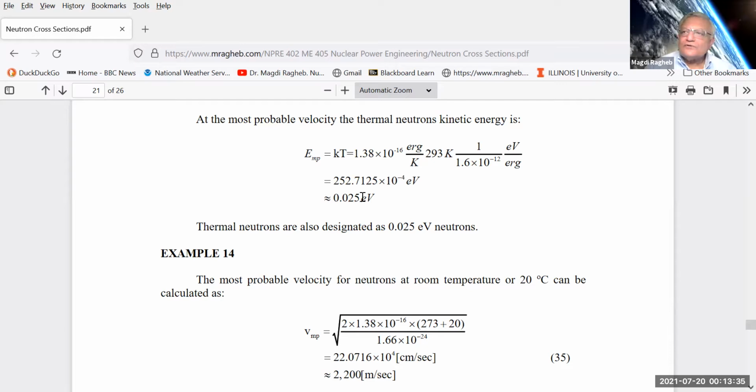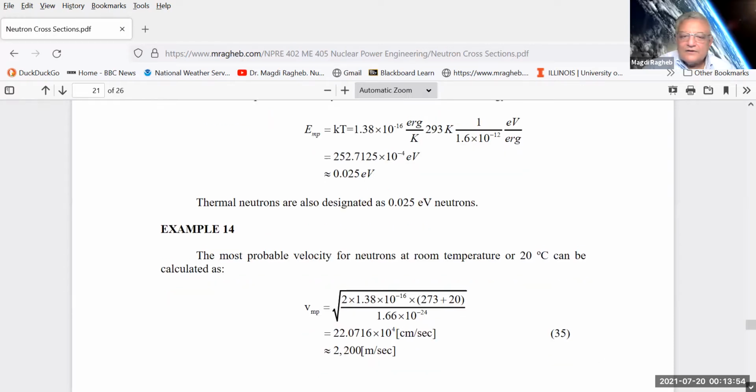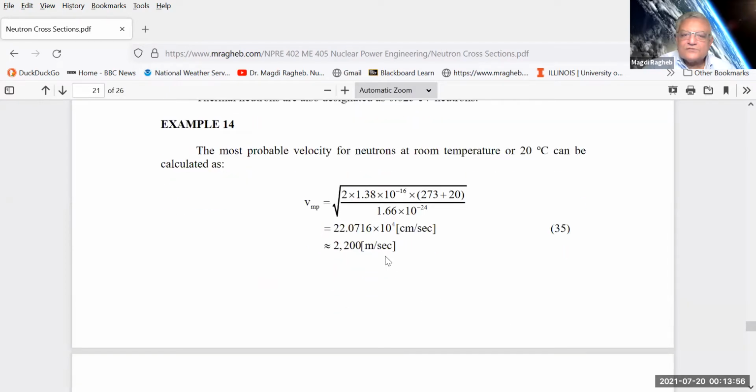The water, or the heavy water, act now as moderators in the light water reactors or the heavy water reactors that we operate today. The most probable velocity for neutrons at room temperature, or 20 degrees Celsius, can also be calculated from the expression we got for the most probable velocity, and this is 2200 meters per second.